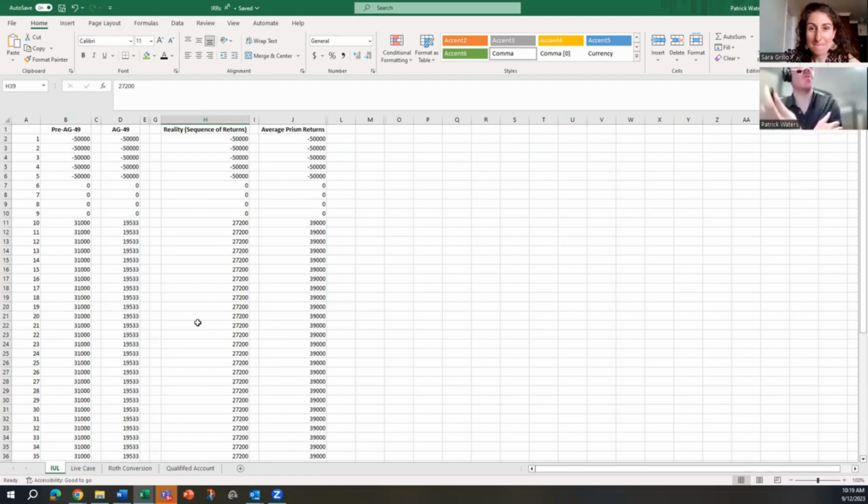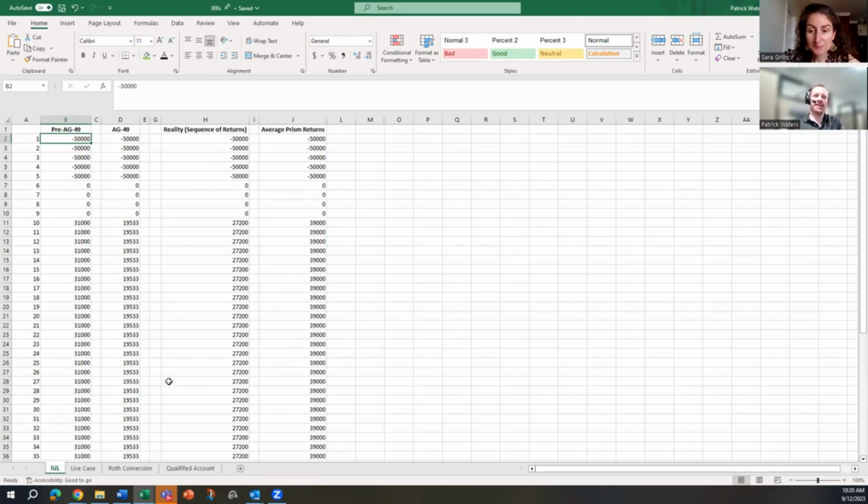So Sarah, one of the things that insurance agents, advisors do is they look at the illustration and they'll run it with an IRR, internal rate of return, and they'll think that that's the be all end all, the determining factor whether they're going to move ahead with a policy with their client or not.